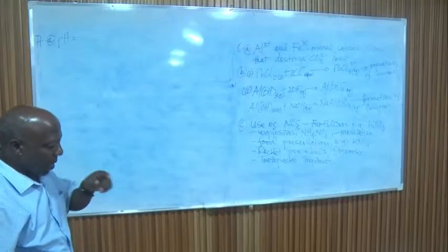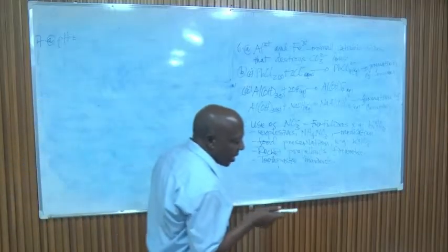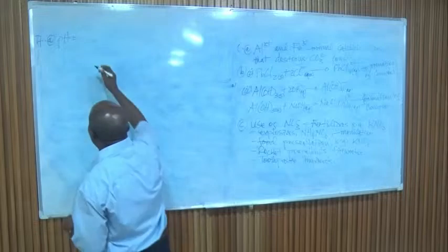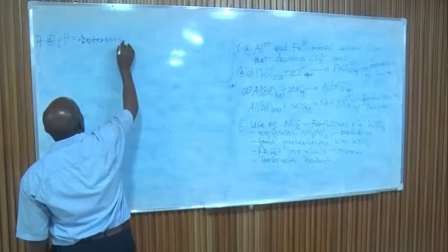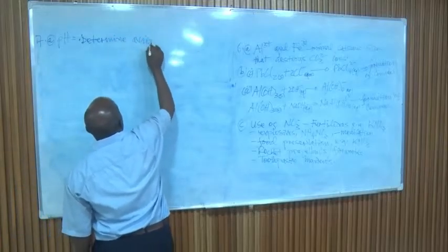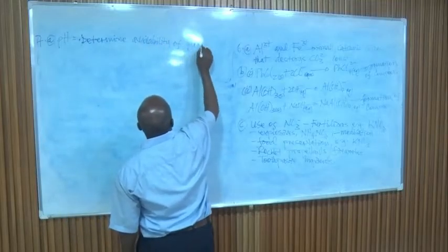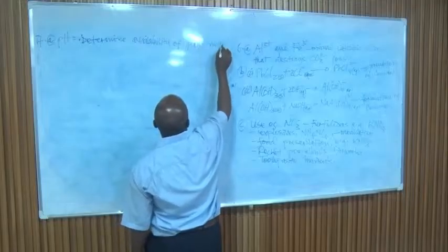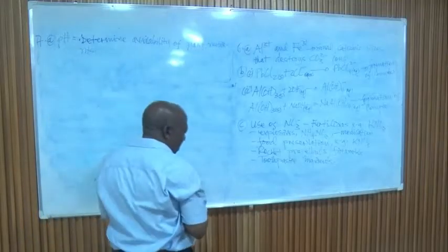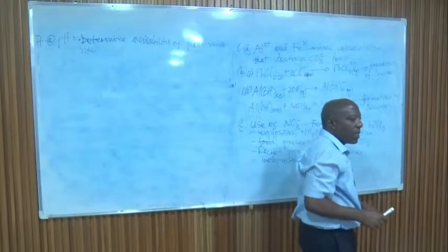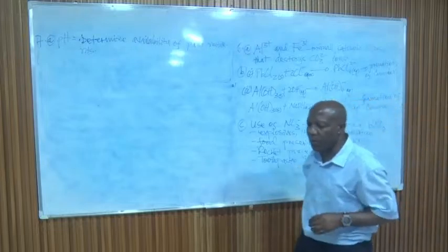Now, when soil pH is considered, we say that this is very important because soil pH determines the availability of plant nutrients. It is the one which determines what plant nutrients are available for plant absorption.